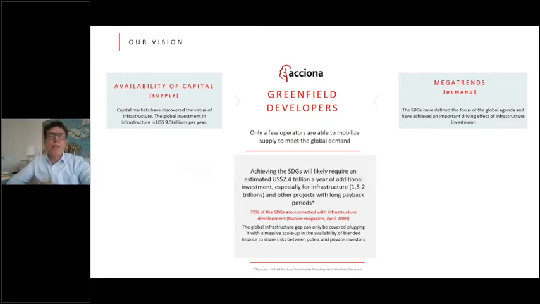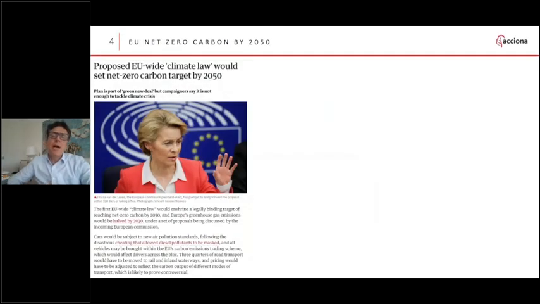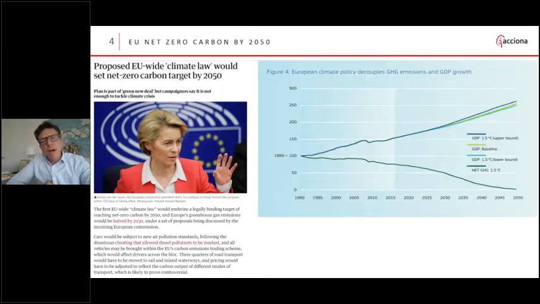With this value proposition, we see the low carbon economy and the zero emissions target as an opportunity.